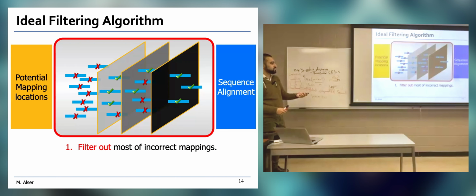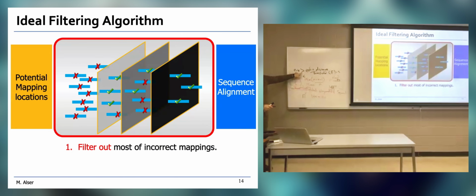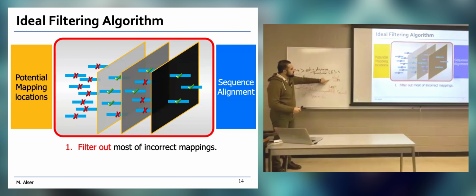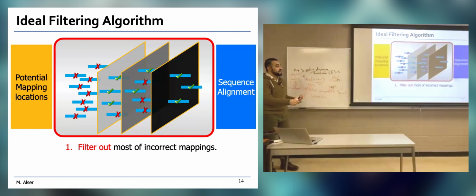The first one: we want to filter out most of the incorrect mappings. What does it mean? Incorrect mappings are the ones that exceed the edit distance threshold. If we have any genomic sequences that are dissimilar from each other, then we want to filter them out. And our filter should be able to filter out most of them.